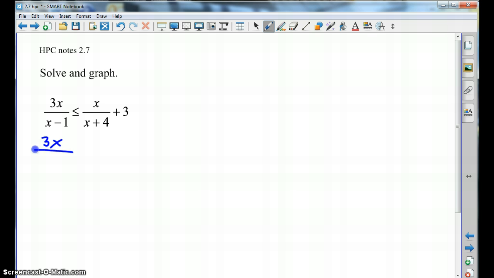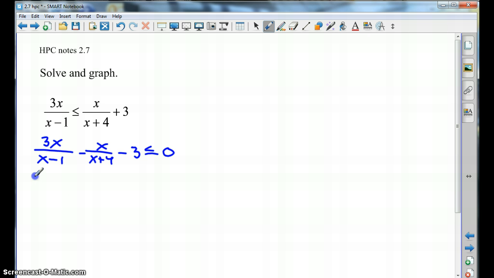So we'll have 3x over x minus 1 minus x over x plus 4 minus 3 less than or equal to 0. In order to use our change of sign method, we have to have one fraction. So we only have factors in a numerator and a denominator, not separated by addition or subtraction like we have right now.